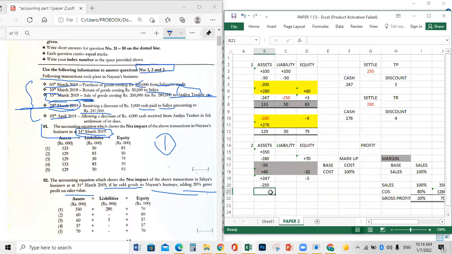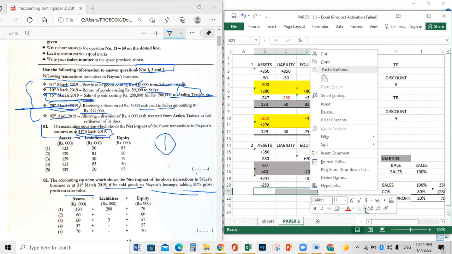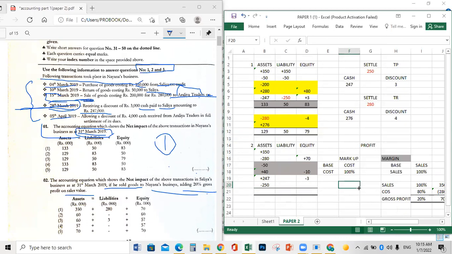You have totally settled 250,000. So your cash increases by 247 because you are receiving cash. When you give a discount, expense will increase, which will reduce your equity. You're settling 250 in total, which will reduce your assets.